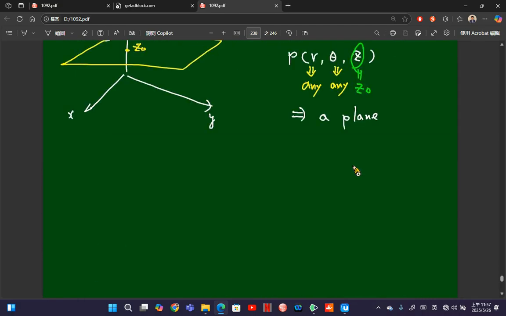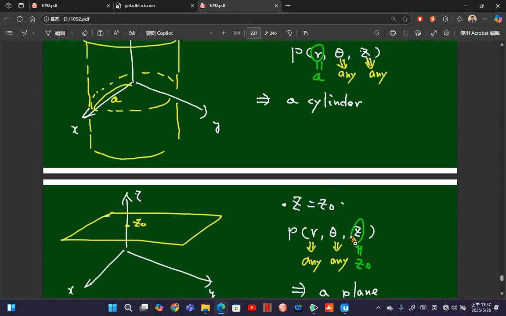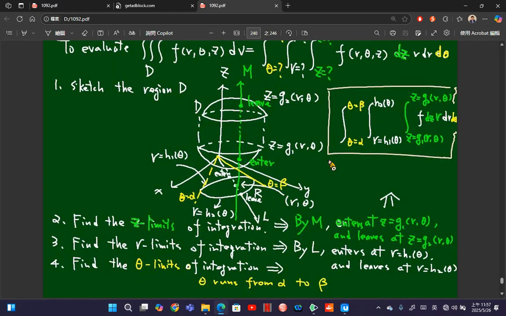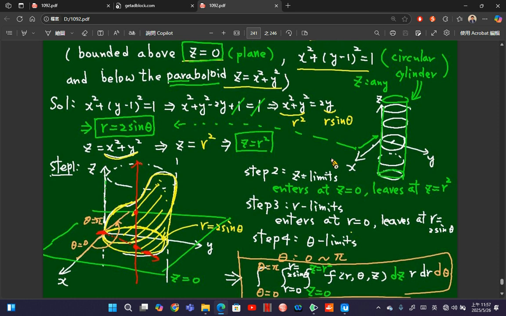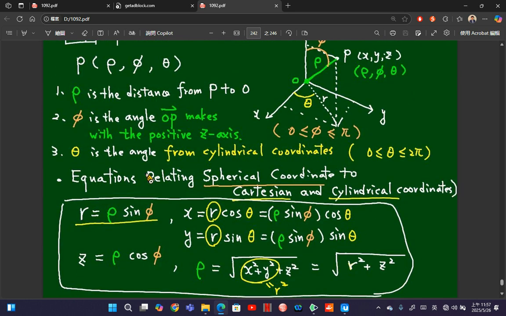Did you remember we have r, theta, and z? So theta here is the angle from cylindrical coordinates, ranging from 0 to 2 pi.